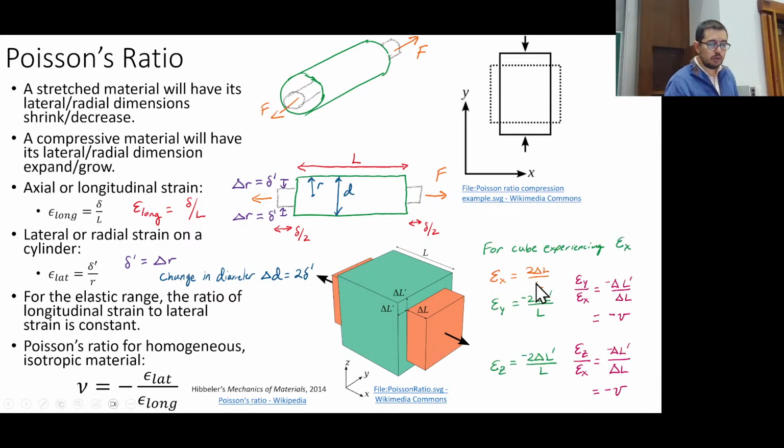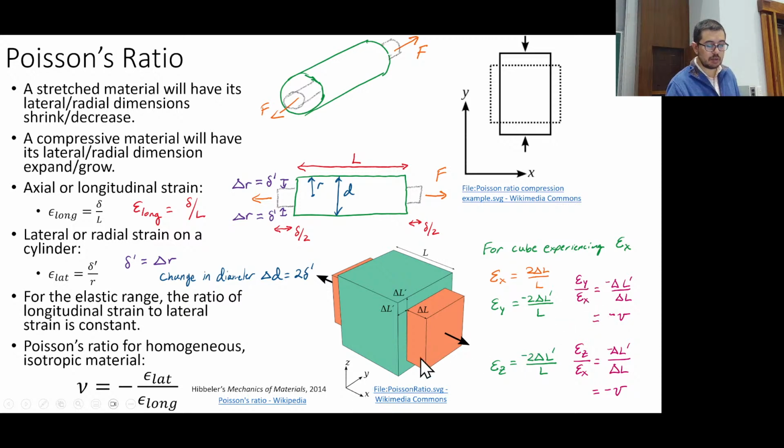So for a cube, epsilon x is equal to 2 delta L over L, with this delta L on either side. Epsilon y is equal to minus 2 delta L prime over L. These 2's and these L's cancel out. We can say x is our longitudinal and y is one of the orthogonal directions.